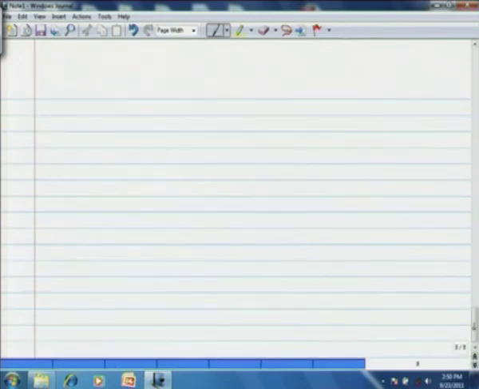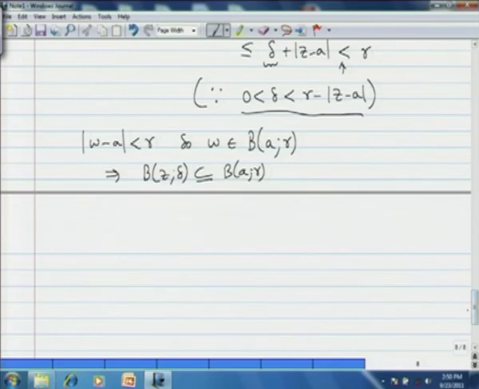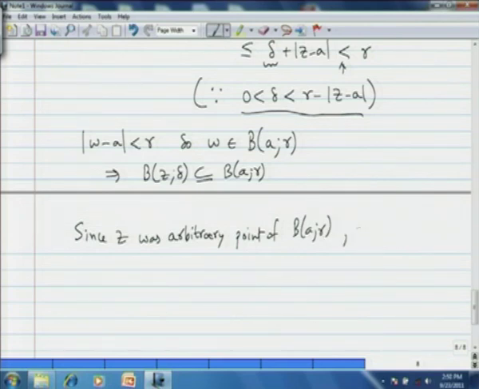That shows that, since z was an arbitrary point of B(a, r), B(a, r) is an open set.